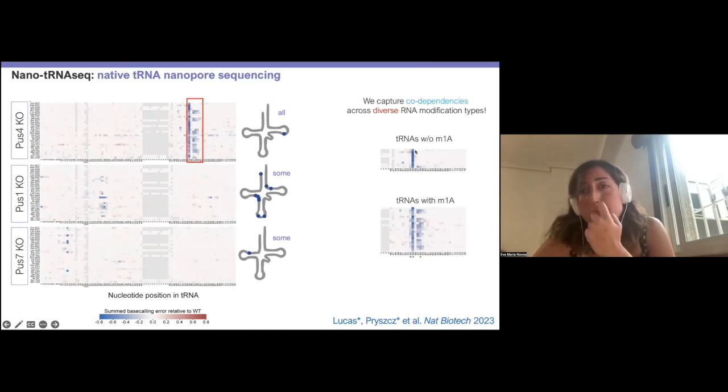When we bin the tRNAs based on whether we know they have m1A or not, based on the previous literature, we can see that most of the tRNAs that did not have m1A don't have any error pattern here, and others do. This means that the loss of pseudouridine at position 55 is accompanied by a loss of m1A, meaning we can also start studying codependencies between different modifications with the same technique and in the same individual reads.